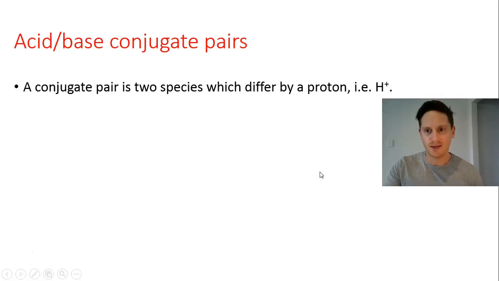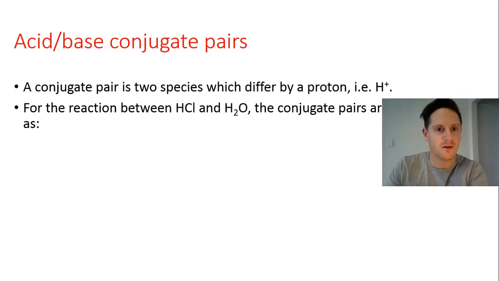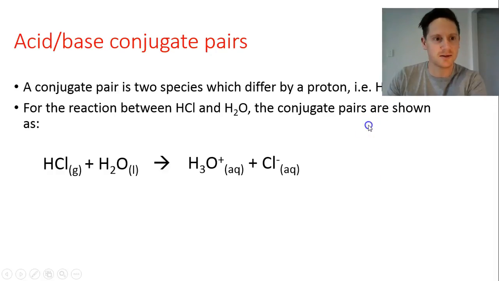We're going to look at acid-base conjugate pairs now. A conjugate pair is two species which differ by a proton. For the reaction between HCl and H2O, the conjugate pairs are shown as follows. This is our reaction that we just looked at before. We want to identify the conjugate pairs, so the species that differ by a proton.